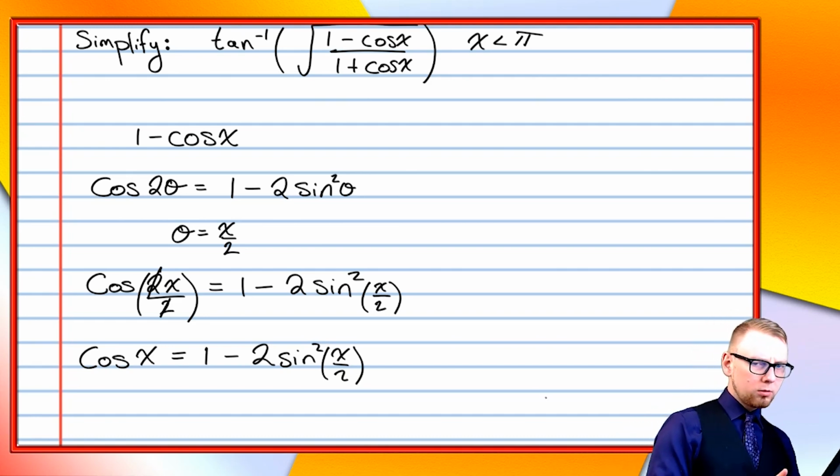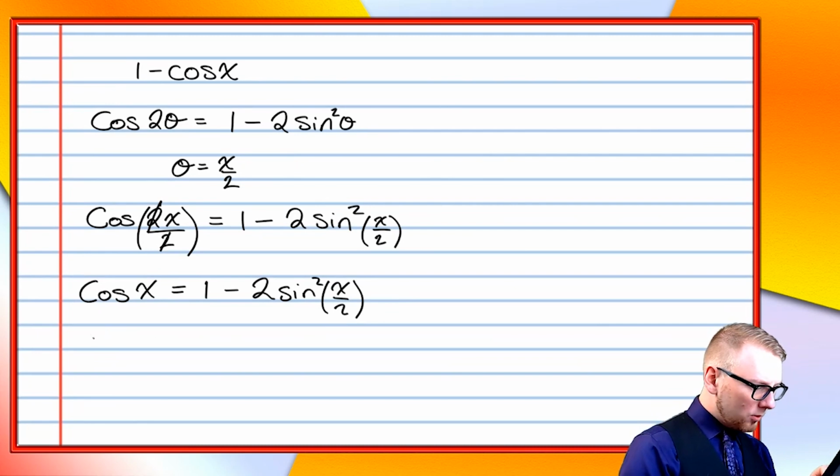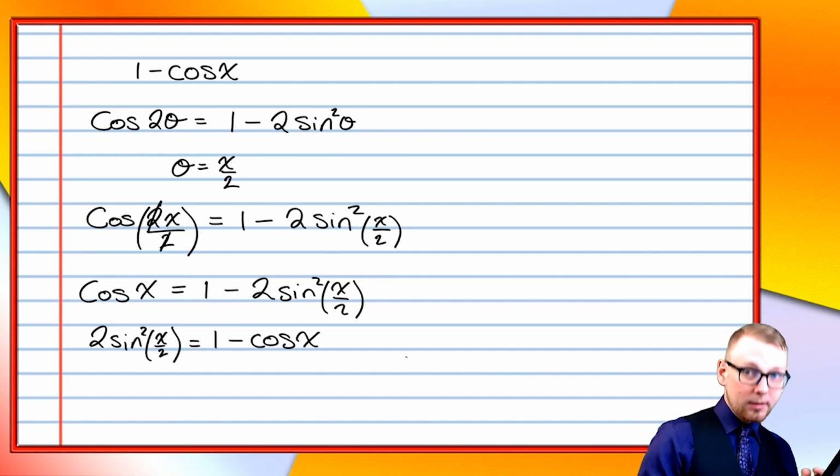Let's rearrange a little bit. Let's bring this 2 sine squared over to the other side and the cos x to the other side. We've got 2 sine squared x over 2 is equal to 1 minus cos x. All right, that's a good start.